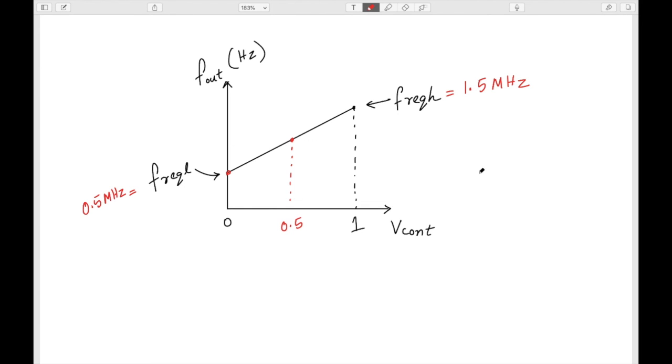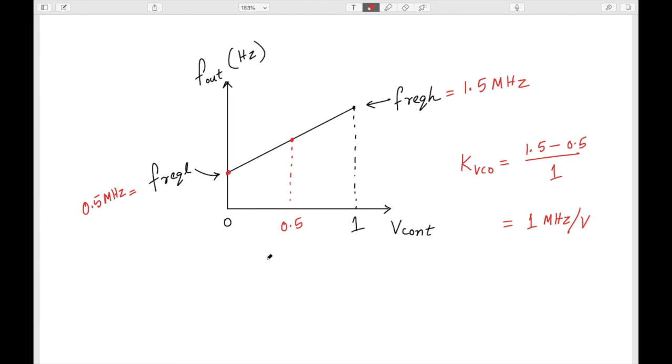KVCO is 1.5 minus 0.5 divided by the x spacing, which is 1 volt. So the KVCO is 1 megahertz per volt.